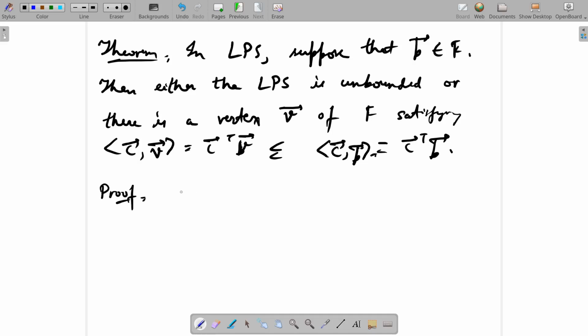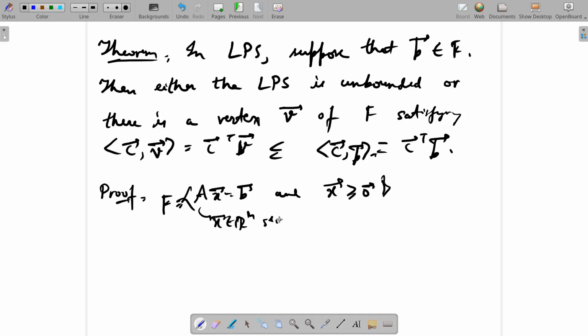And the thing to note is it is an LP in standard form, so we have Ax equals b. And so the feasible set is essentially determined by this, and x is bigger than or equal to 0. So this is what F looks like: all those x in R^n such that Ax equals b, and all the individual components of this vector x are bigger than or equal to 0.